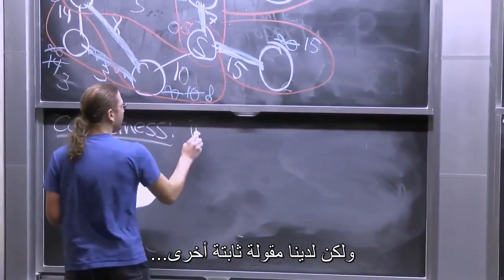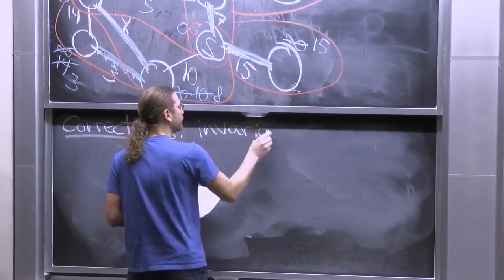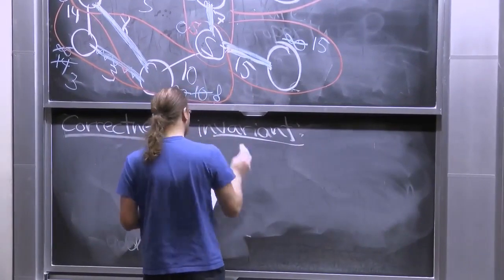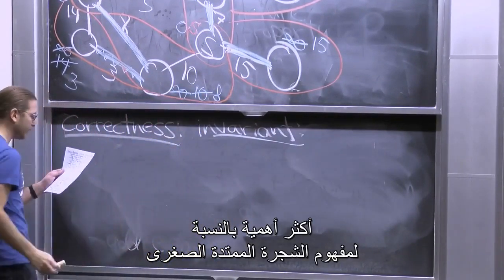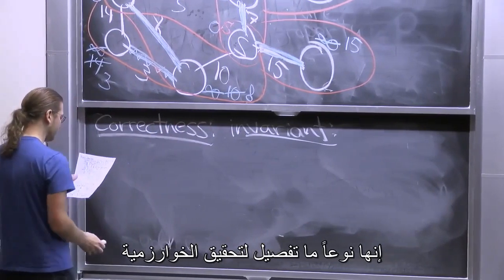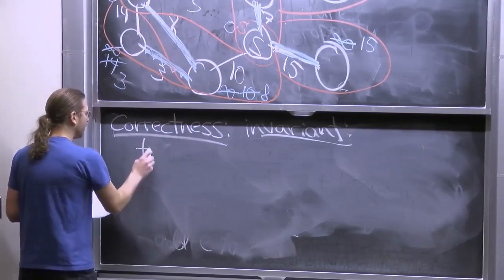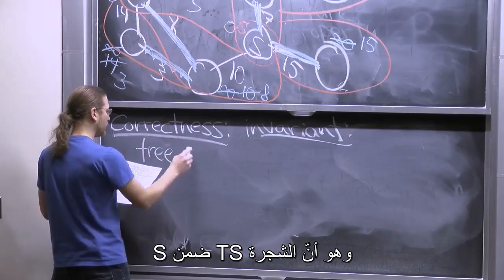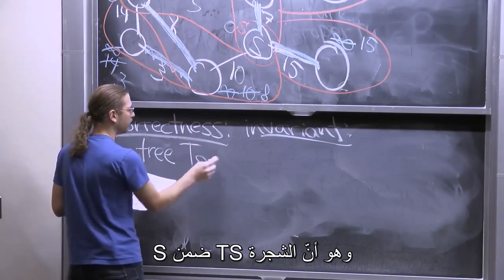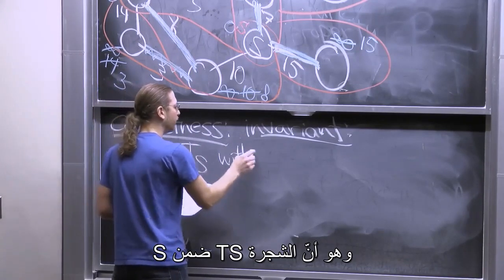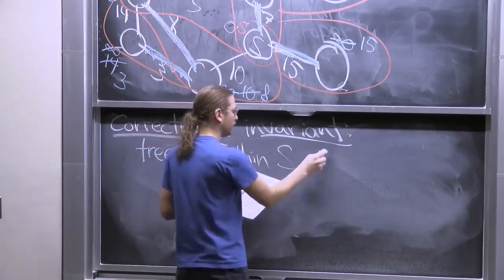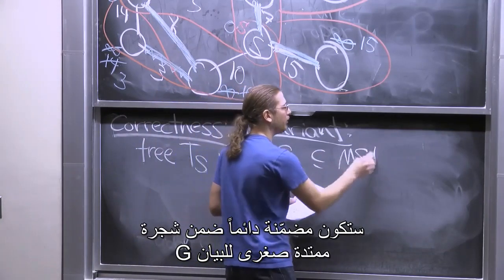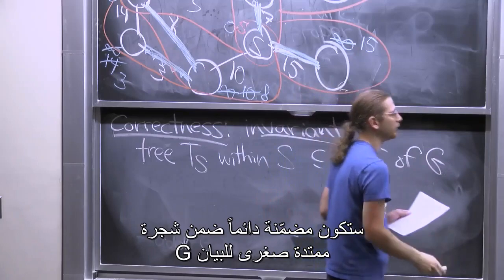But we have another invariant, a more interesting one from an MST perspective. That's just a sort of algorithm implementation detail. That the tree T sub S within S is always contained in a minimum spanning tree of G.